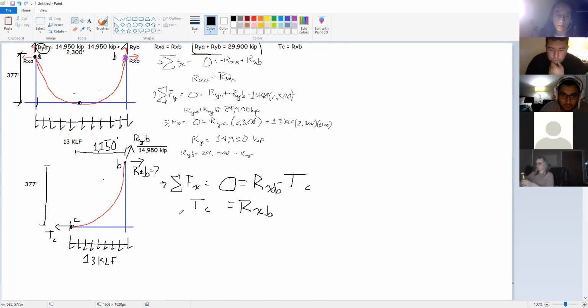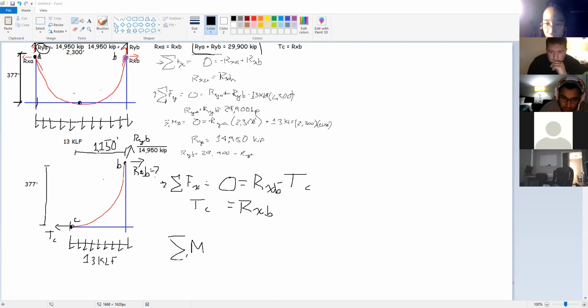Now we're just going to take summation of moments, and we don't need to take summation of forces in the y direction because we already know all the y forces. RYB, 13 KLF, we're good. So summation of moments, we're going to take them at B. Why do we take it at B?